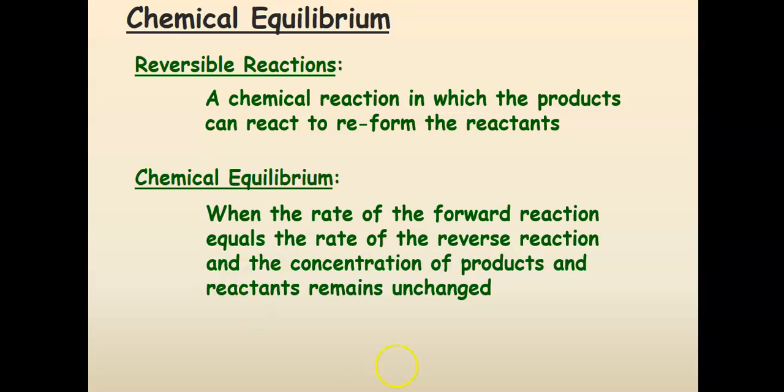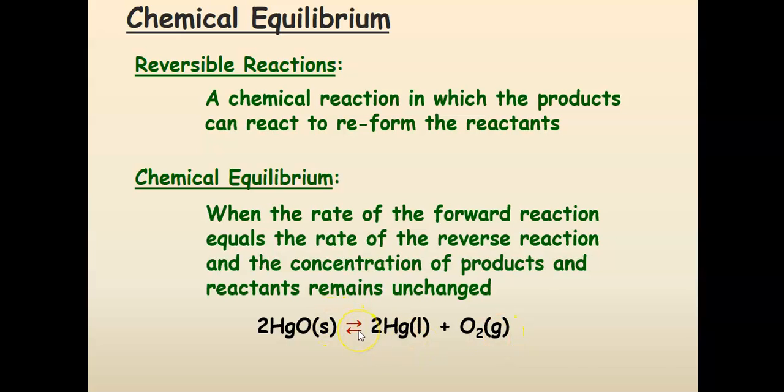So when the rate of the forward reaction equals the rate of the reverse reaction, that means the time it takes for the forward reaction to be completed and the rate of the reverse reaction to also be completed, when they are equal, that's where we have chemical equilibrium. And this is an example. 2 molecules of mercury oxide, solid, in equilibrium with 2 moles of mercury liquid plus 1 mole of oxygen.